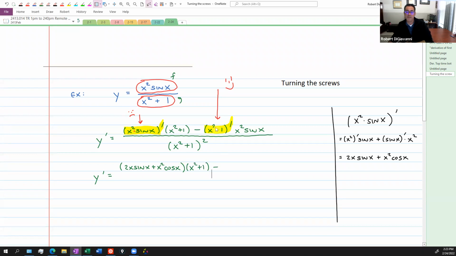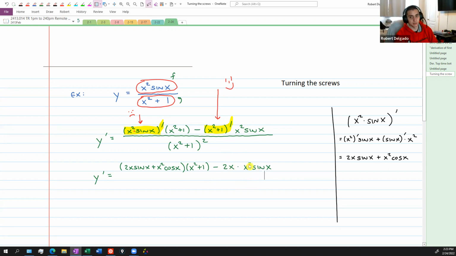Minus, now you all said that this was an easy one. Well, I said it was easy. I think you agreed. The derivative of that's just 2x. And then times the other one. I technically don't need parentheses. Why do I not need parentheses around any of this? There's no pluses or minuses. So it's just multiplication. So you don't need a parenthesis.